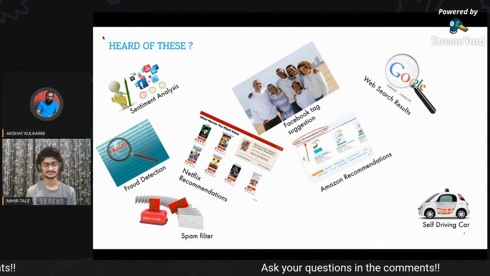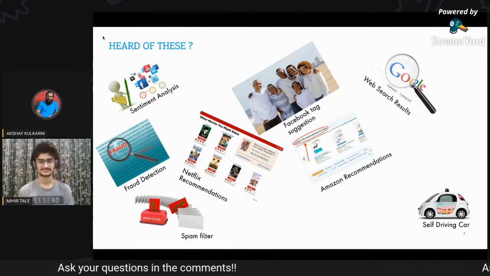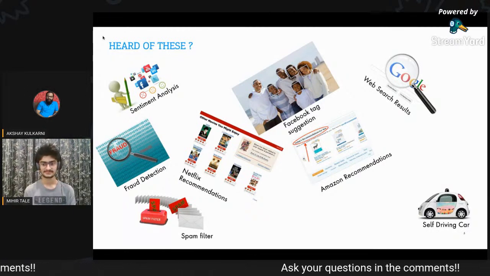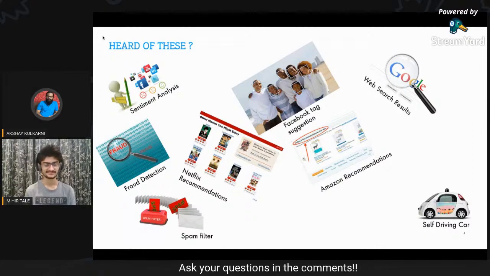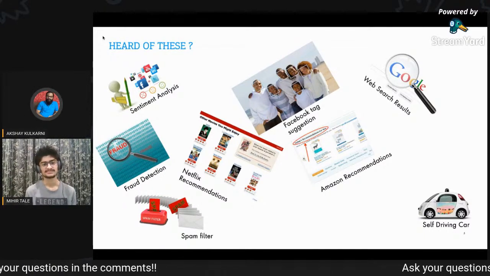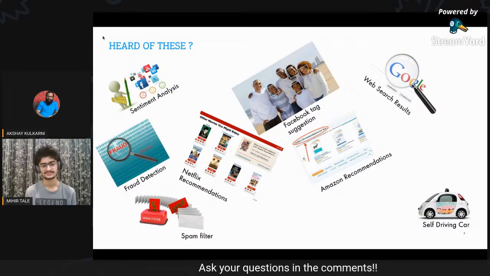If anybody wants to go deep dive into one of these, you can just pass in a comment and I'll talk about it, but I think you are pretty familiar with all of this. And what do you think is driving these apps or techniques? It's all driven by machine learning, deep learning, and all of this.